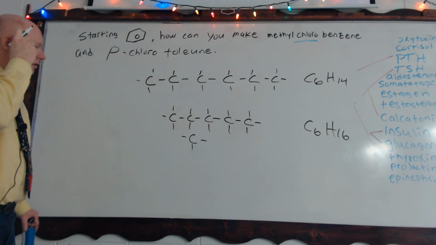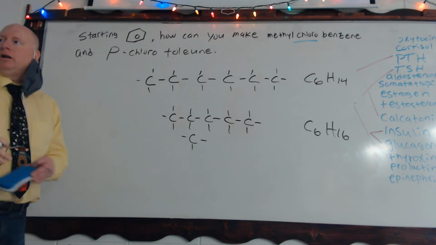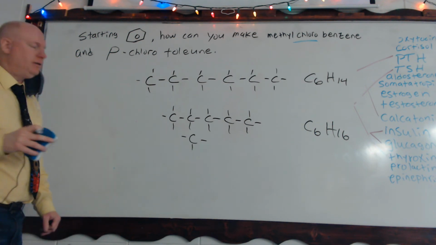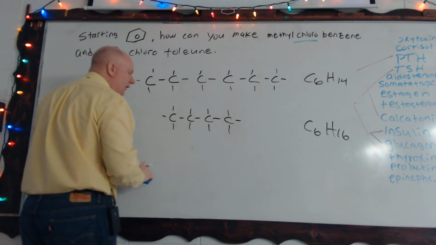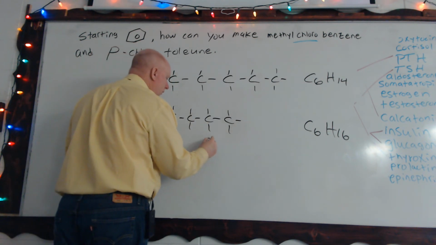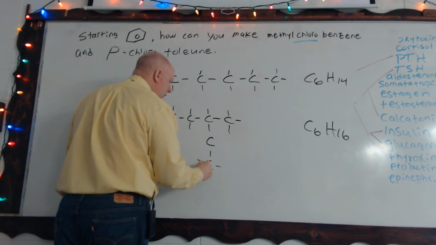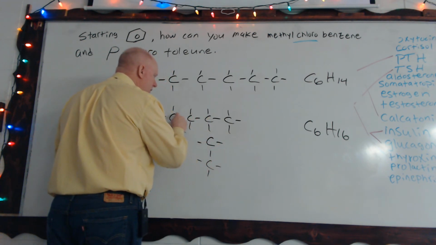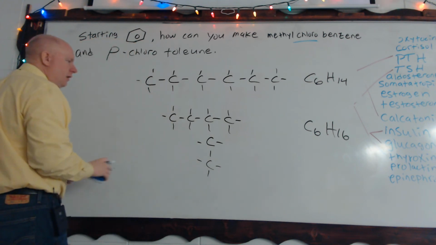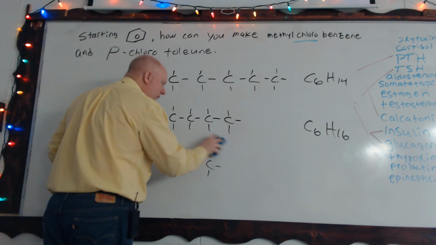So the next thing you could do, make an ethyl group if you wanted to. Okay, we're going to chop him off there. Wait a minute. Nope, that's still, we don't have enough carbons to make an ethyl group.